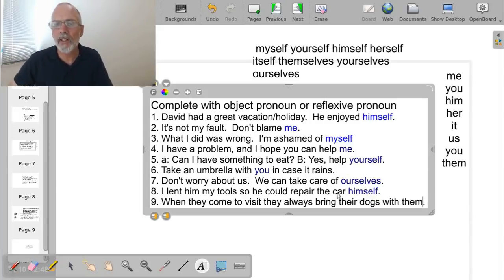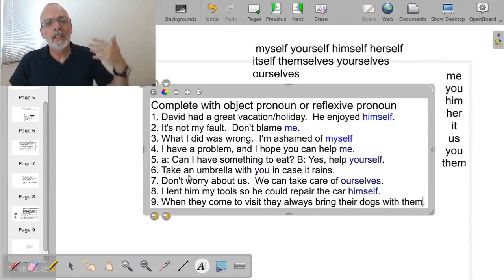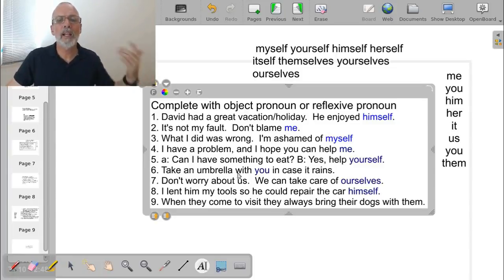They always bring, so they is the subject, their dogs with them, not with themselves. It's the same with bring, because bring is like the opposite of take. So bring some money with you, bring some books with you, bring your dogs with you. Or in this case, they always bring their dogs with them.